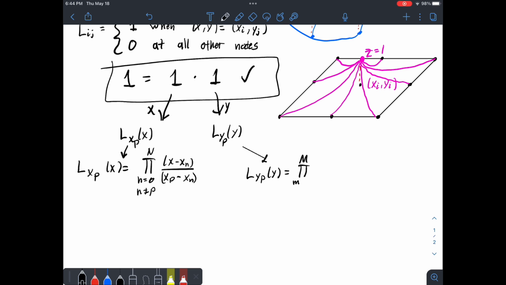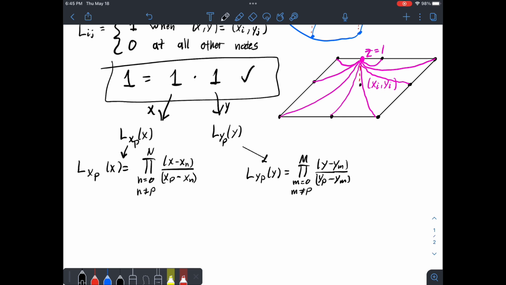So we'll go from lowercase m equals 0, m not equal to p, and then we'll have y minus ym over yp minus ym. And that's going to be our function there.